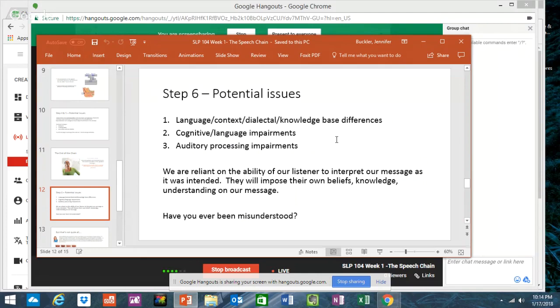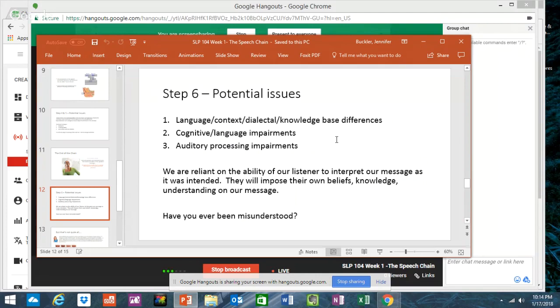So what are the potential issues that could happen at step 6? Well, certainly, language, context, dialect, and knowledge-based differences between the speaker and the listener can impact the quality and the effectiveness of the message. Cognitive and language impairments, and auditory processing impairments on the part of the listener can also impede the effectiveness of the message.